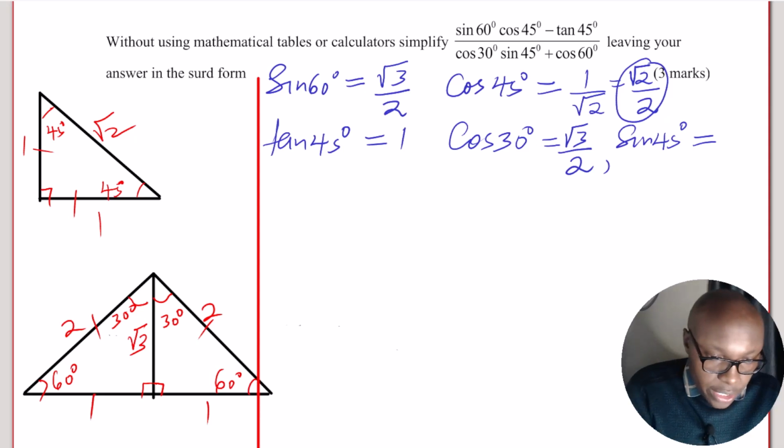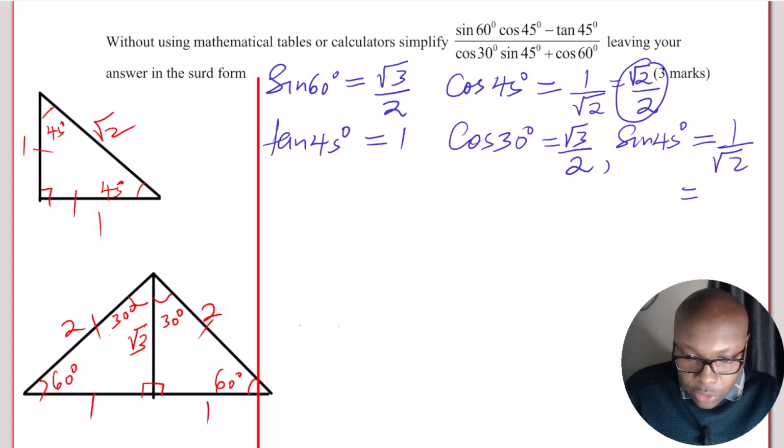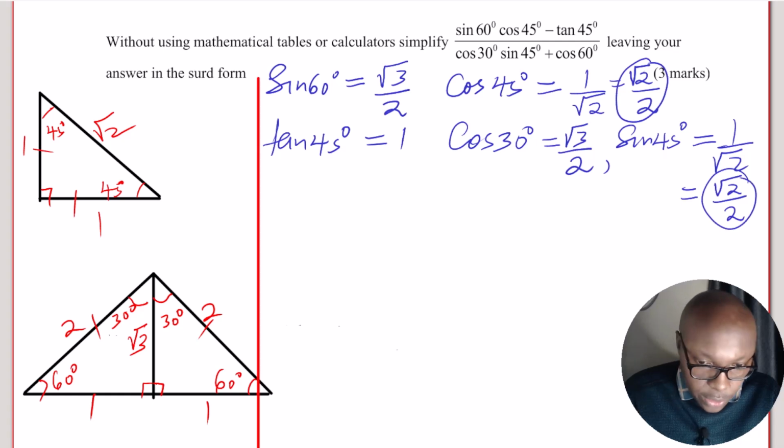Use the first triangle. Sine of 45 will be given by the opposite side, choose any angle, the opposite divided by the hypotenuse, 1 over root 2. And this one we've just noted, you can rationalize this by multiplying both the numerator and the denominator by root of 2. You get root 2 divided by 2. It is easier to use this one.